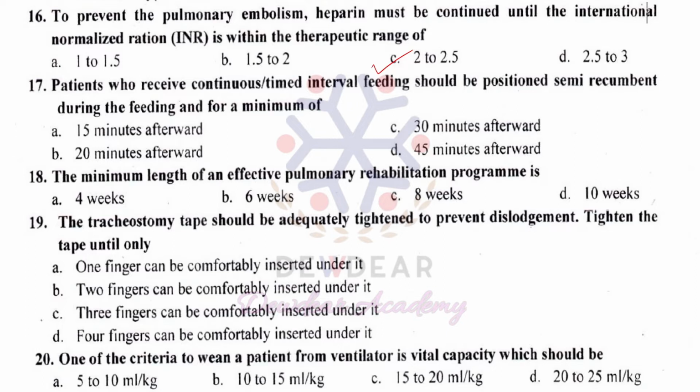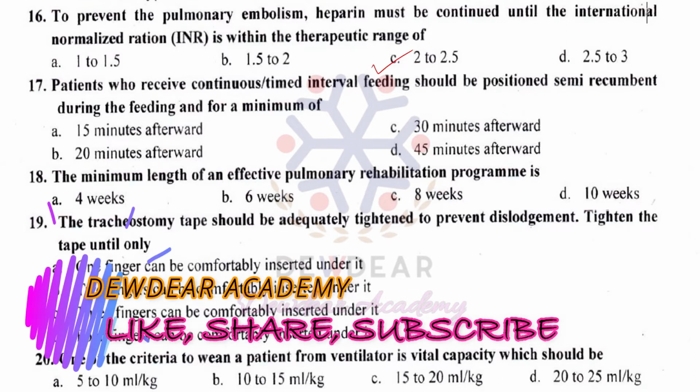So 2 to 2.5. Then question number 17. Patients who receive continuous or timed interval feeding should be positioned semi-recumbent during the feeding and for a minimum of. Options: 15 minutes afterwards, 20 minutes afterward, 30 minutes afterward, 40 minutes afterward.